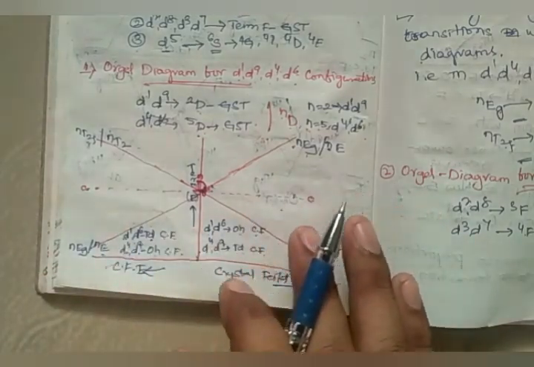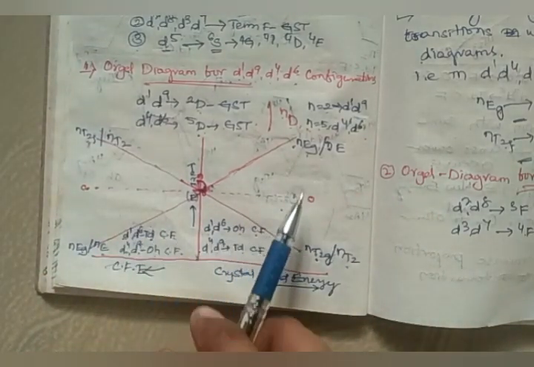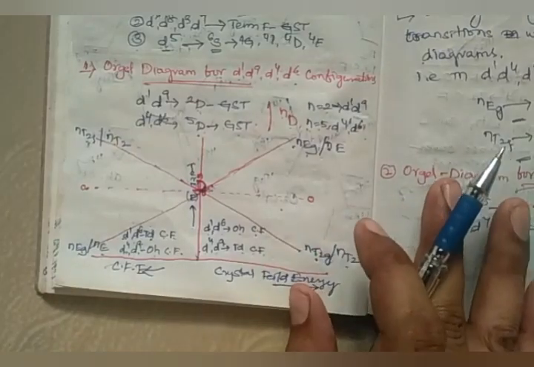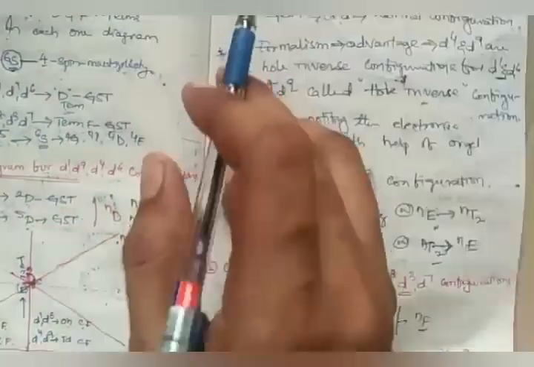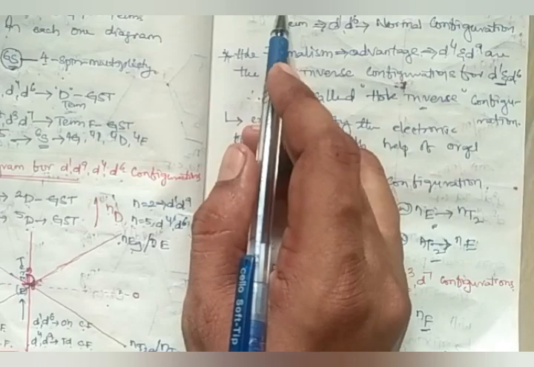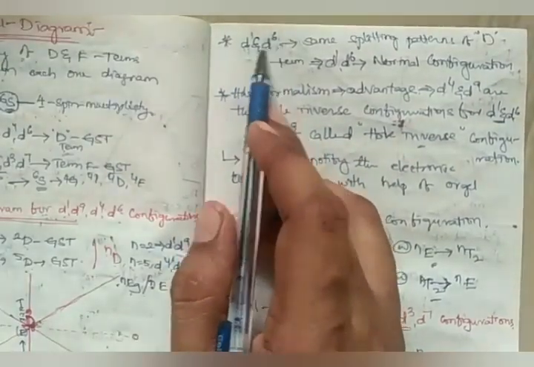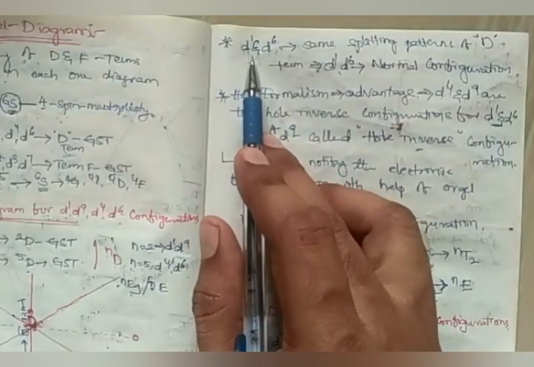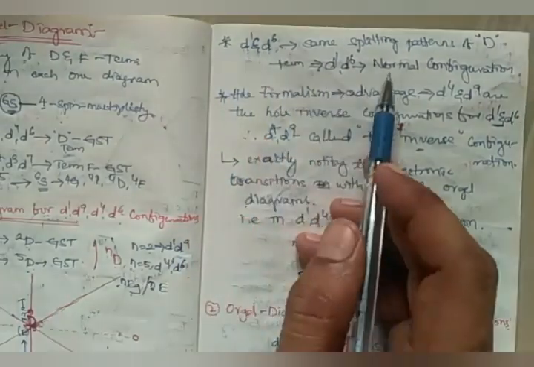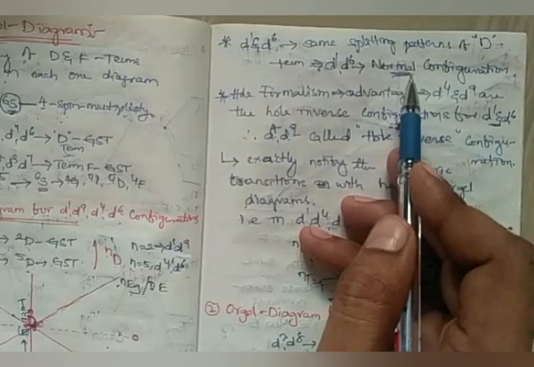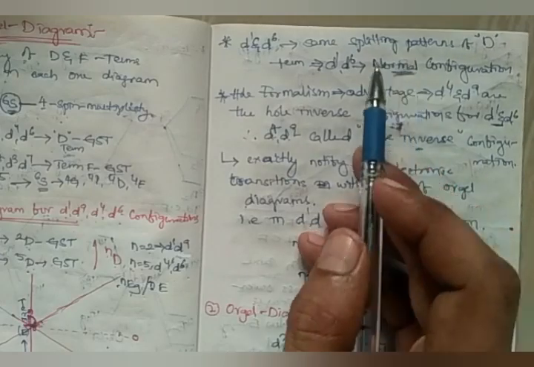So when we observe this picture of Orgel diagram 1, it is confirming that the d1, d6 configurations have the same type of splitting pattern. So having the same splitting patterns, the d1, d6 configurations are termed as normal configurations.